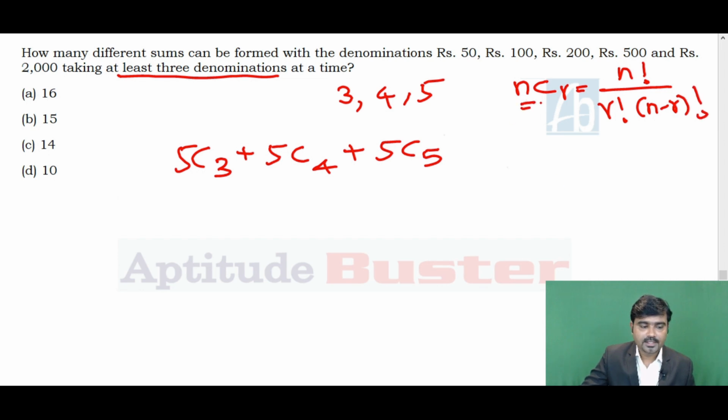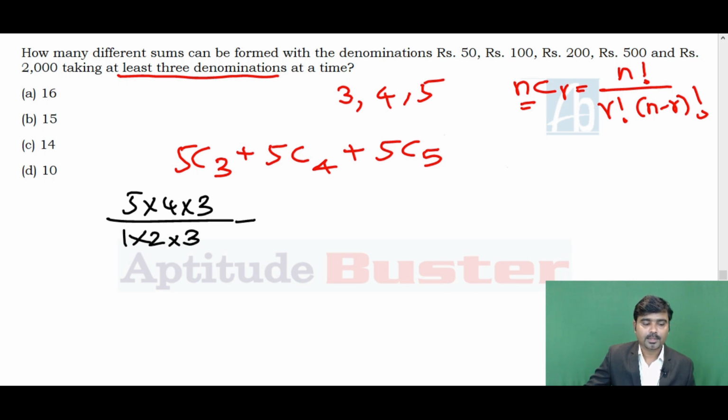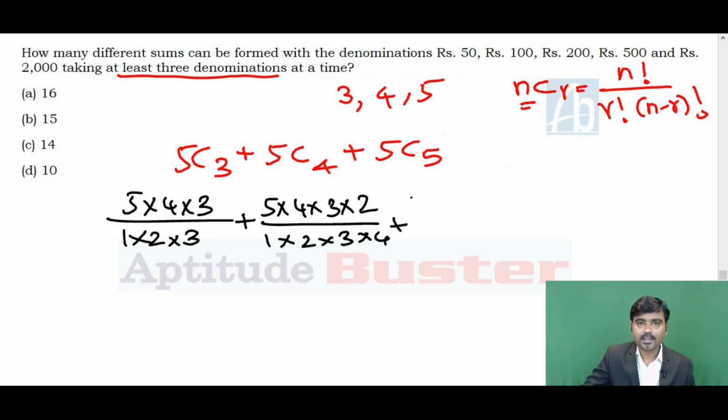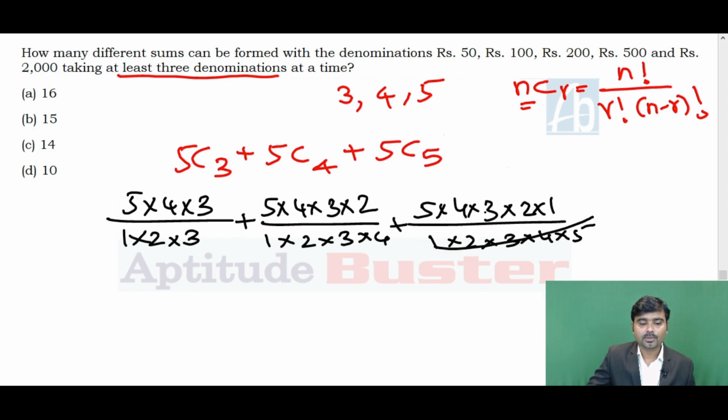So 5C3 is equal to 5 factorial divided by 3 factorial into 5 minus 3 factorial. 5C3 can be written simply as 5 into 4 into 3 divided by 1 into 2 into 3, plus 5C4 can be written as 5 into 4 into 3 into 2 divided by 1 into 2 into 3 into 4. 5C5 value is 1. It's nothing but 5 into 4 into 3 into 2 into 1 divided by 1 into 2 into 3 into 4 into 5. So that's nothing but 1.